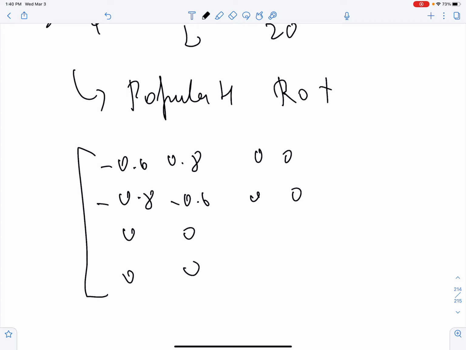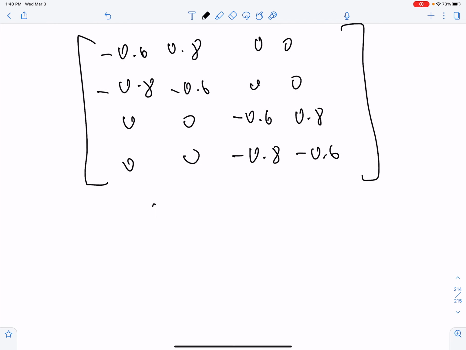Minus 0.6, 0.8, minus 0.8, minus 0.6. Okay, so this ends up being, right, gamma ROT for element C. Okay, again, don't worry about the angles, just straightforward application of coordinate differences.